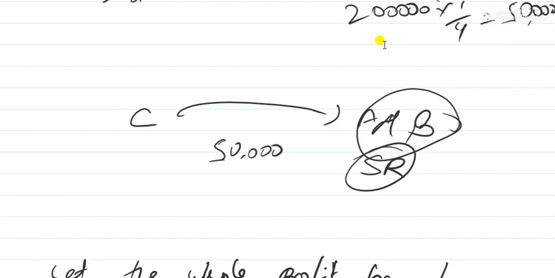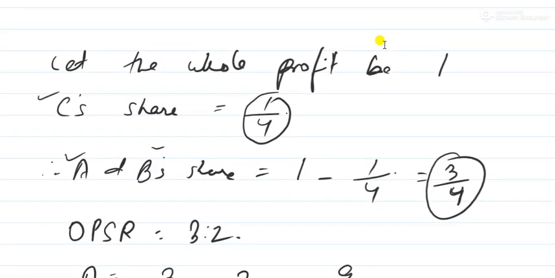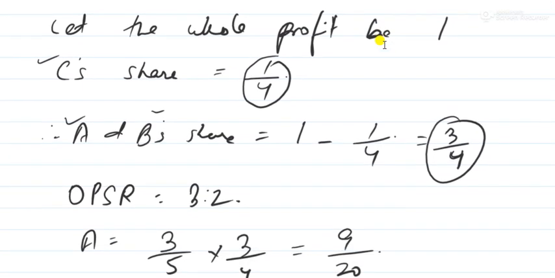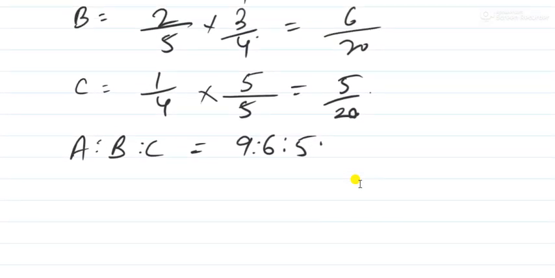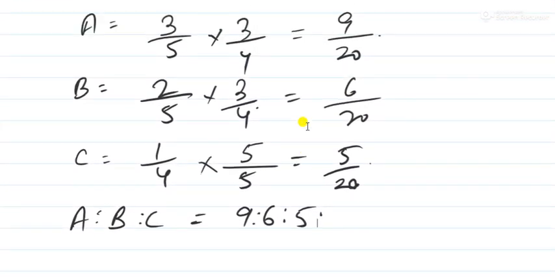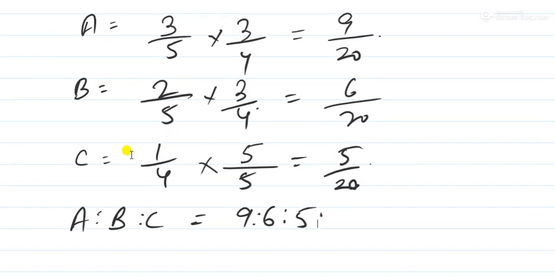The whole profit share was 1. C was getting 1/4, so A and B will be getting 1 minus 1/4, which is 3/4, and this 3/4 will be divided in the old profit sharing ratio, meaning 3 by 5 and 2 by 5. Here C's share was 1 by 4, so to make it look nice we converted it into a denominator of 20. So now the share of all the partners is 9 is to 6 is to 5.